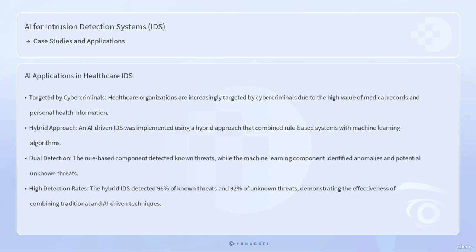The rule-based component was designed to detect known threats based on predefined signatures and patterns, while the machine learning component focused on identifying anomalies and potential threats not covered by the rule-based system. This hybrid IDS was able to detect 96% of known threats and 92% of unknown threats, demonstrating the effectiveness of combining traditional and AI-driven techniques in a comprehensive IDS solution.